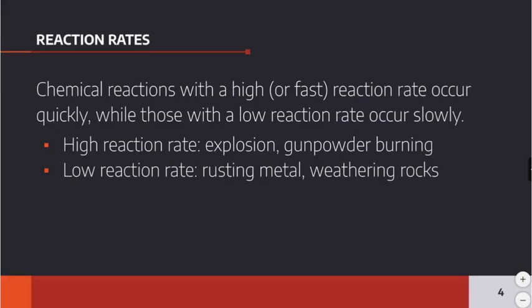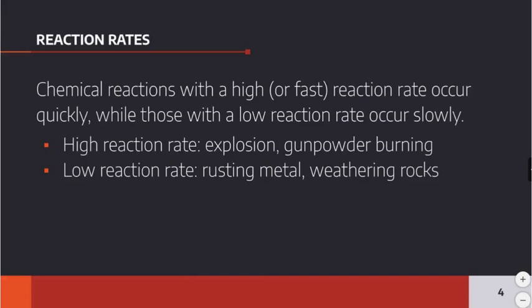A low reaction rate, on the low side of things, would be, for example, iron rusting. That's a chemical reaction between the iron and the oxygen in the air. But it's a very, very slow reaction, so it has a very low reaction rate. The weathering of rocks is one of the slowest chemical reactions out there.